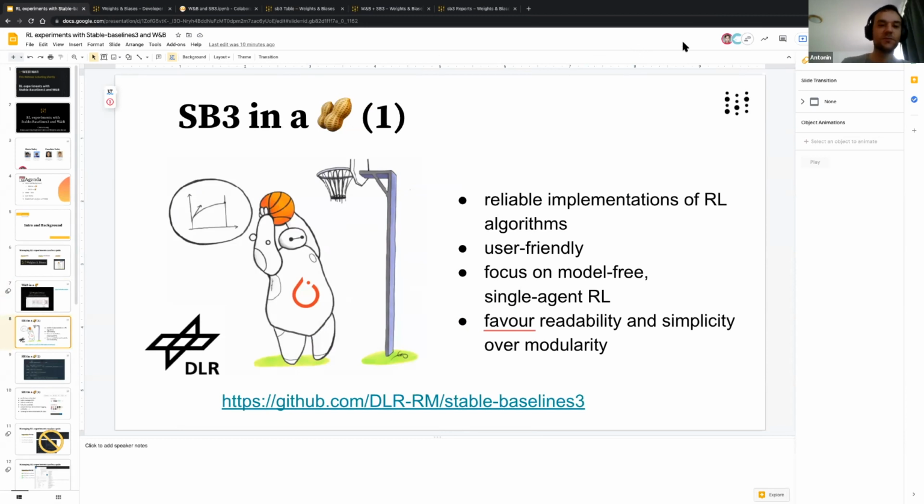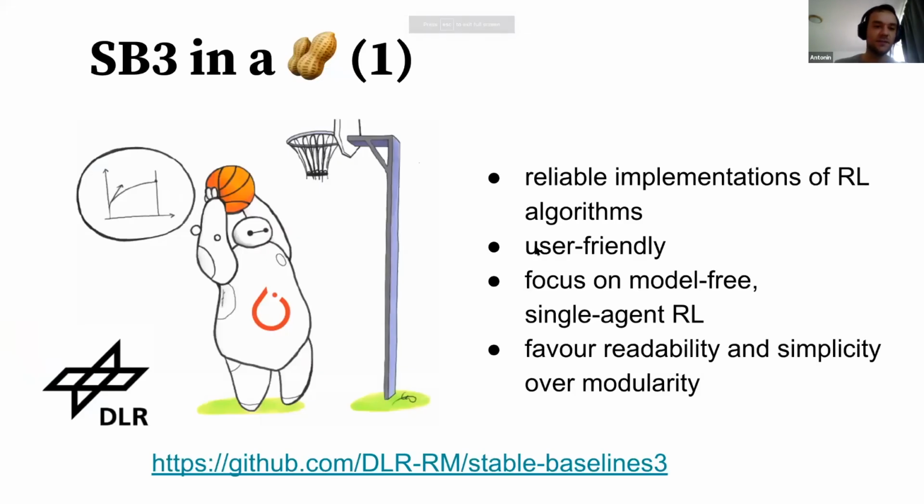Thank you. As mentioned, there are many different RL libraries out there, and we focus mainly on providing reliable implementations of RL algorithms while still being user-friendly. We focus on a very specific case, which is model-free single-agent reinforcement learning.